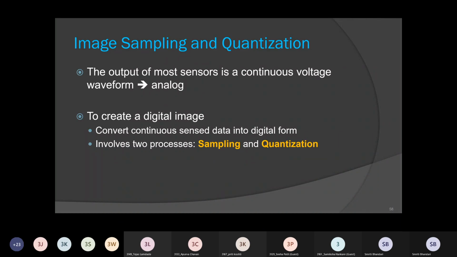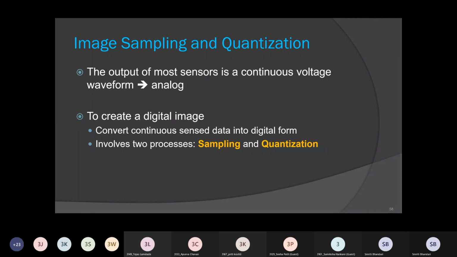Now, the two important concepts I would like to focus upon today are image sampling and quantization. As I stated, the output of many sensors is in the form of continuous voltage, or analog form.